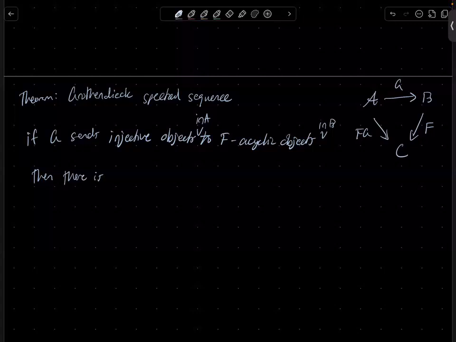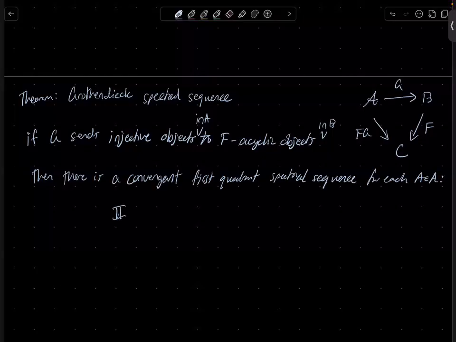there is a convergent spectral sequence. Really it's a first quadrant spectral sequence for each A in the category A. And what is it?